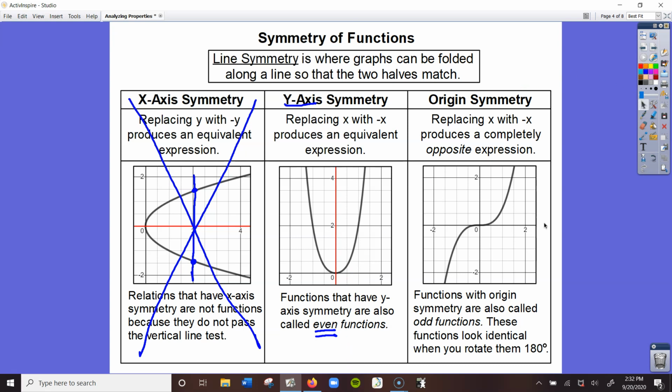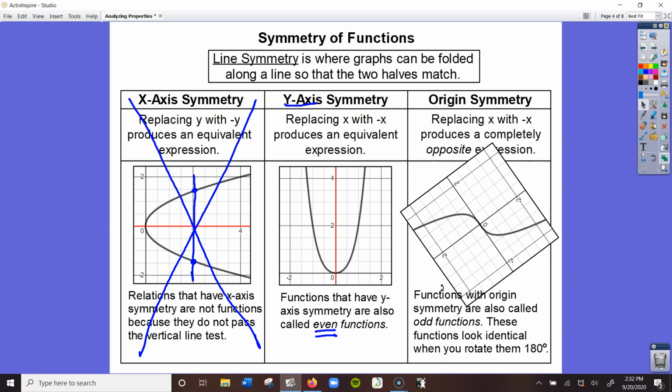Now, origin symmetry is not the same as line symmetry. This is rotational symmetry, and I have here the graph highlighted so you can see what happens if I were to rotate this graph 180 degrees, which it's not letting me do. So, let's try this.